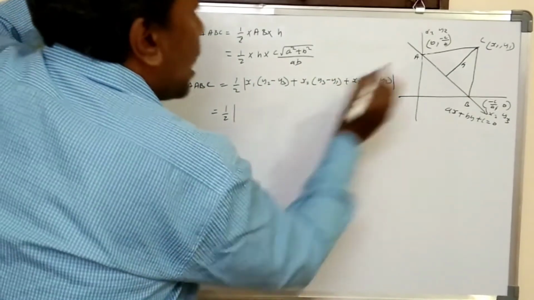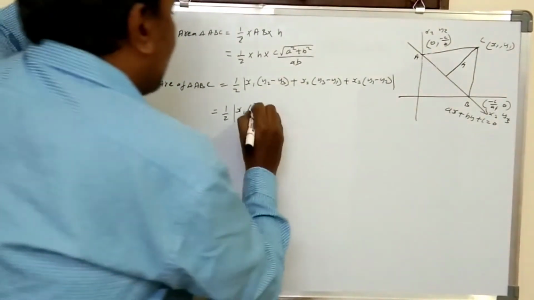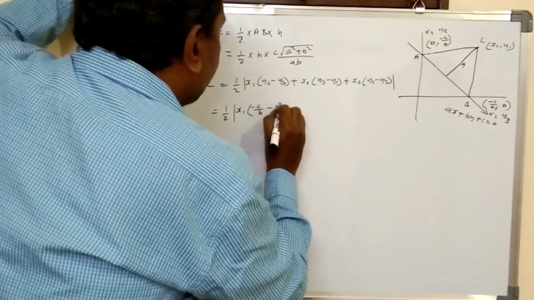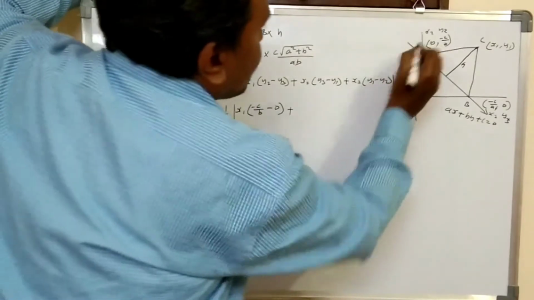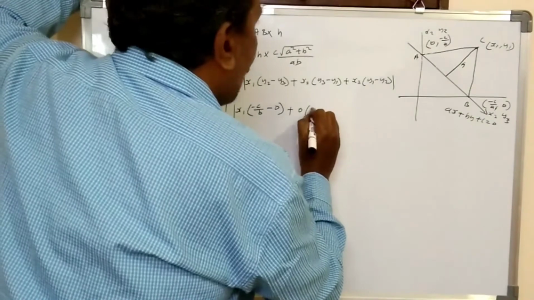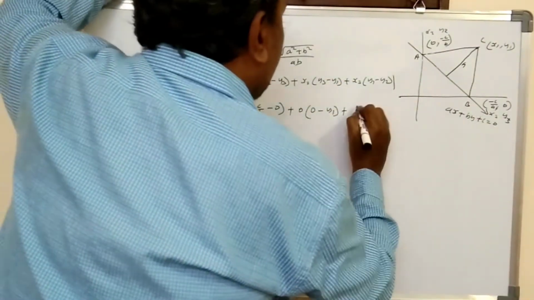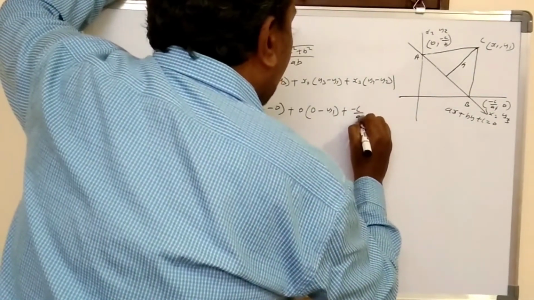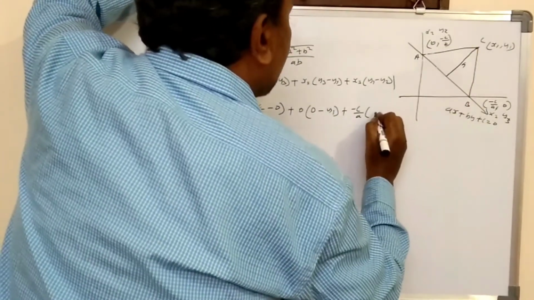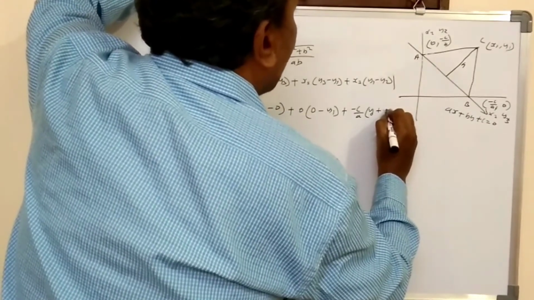Substitute, that becomes half into x1 into (y2 minus y3), that is minus c by b minus 0, plus x2, which is nothing but 0, into (y3 minus y1), so this entire term becomes 0. Plus x3, this is minus c by a, into (y1 minus y2), that means y1 minus of minus, that becomes plus c by b.